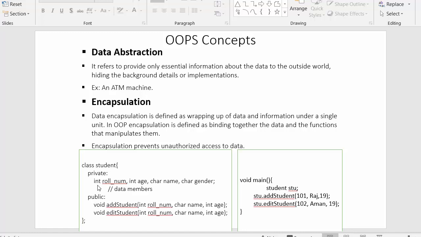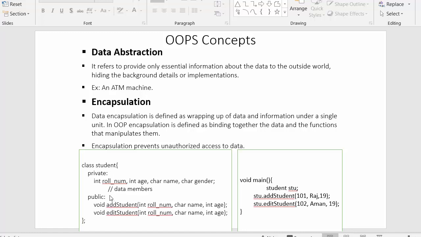For securing the data in our program, I have kept my data members inside the private access modifier and the member functions inside the public access modifier. I have kept my data members private because I don't want any other class to modify my data, whereas the member functions are inside the public access specifier.